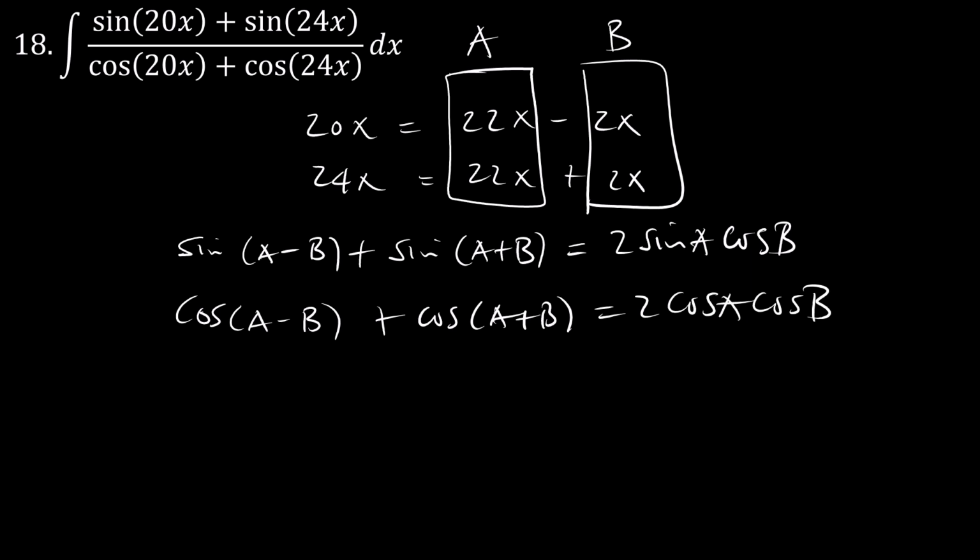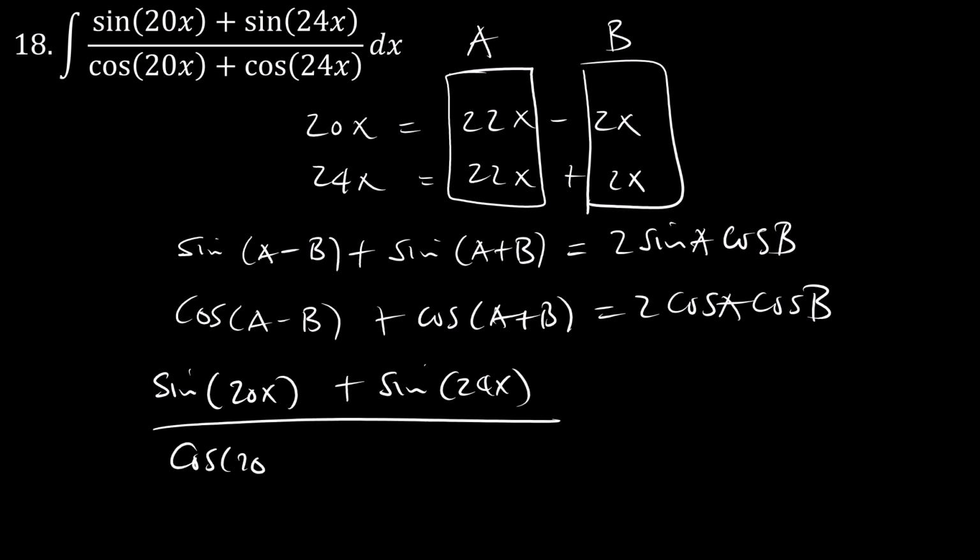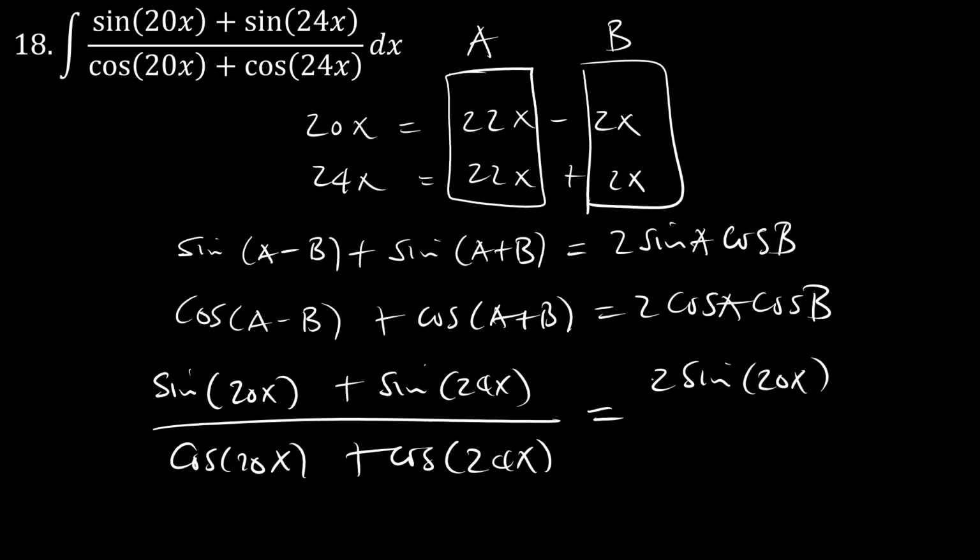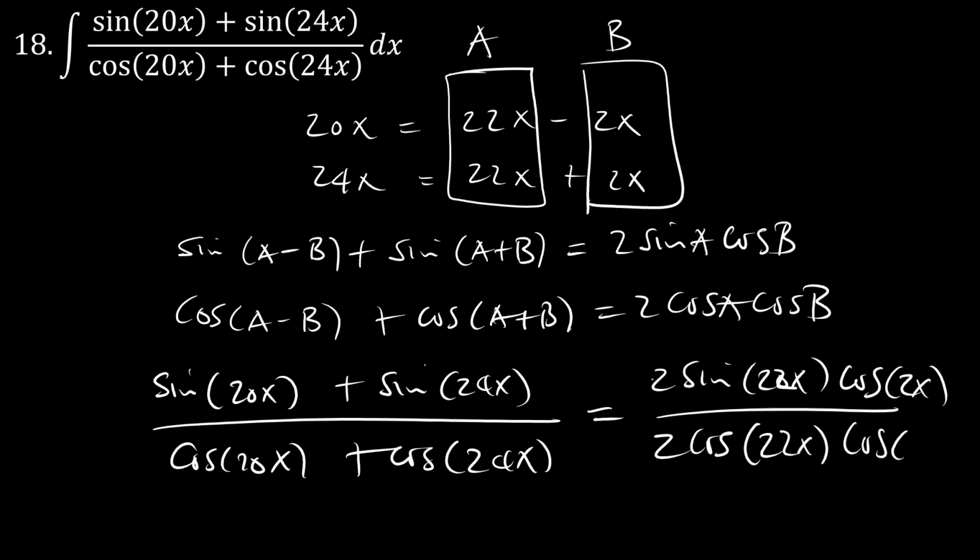In other words, sine of 20x plus sine of 24x all over cosine of 20x plus cosine of 24x is equal to twice sine of 22x cosine of 2x over twice cosine of 22x cosine of 2x.